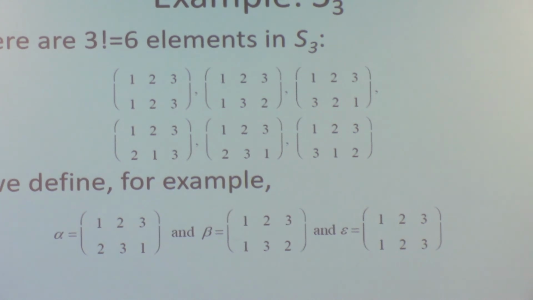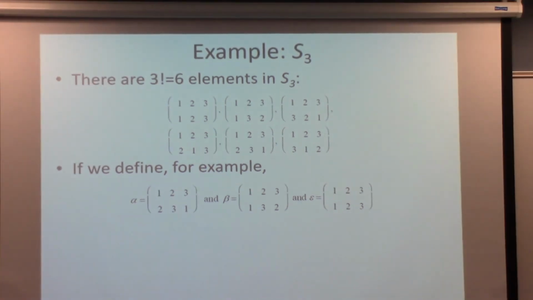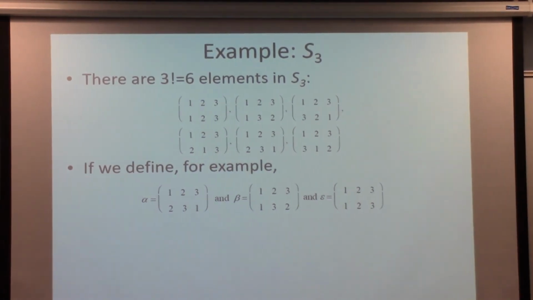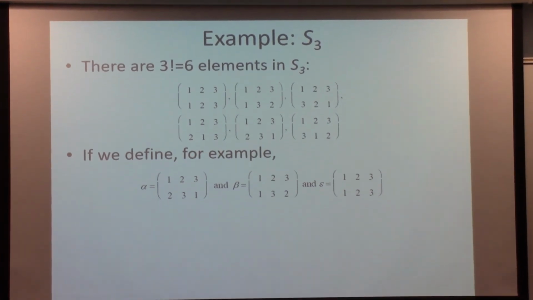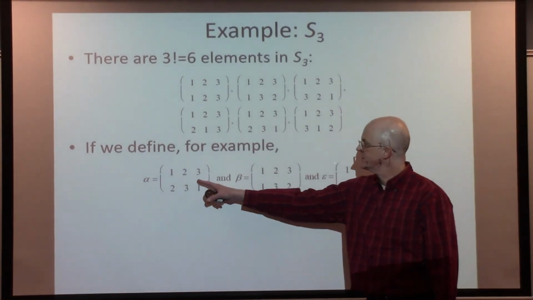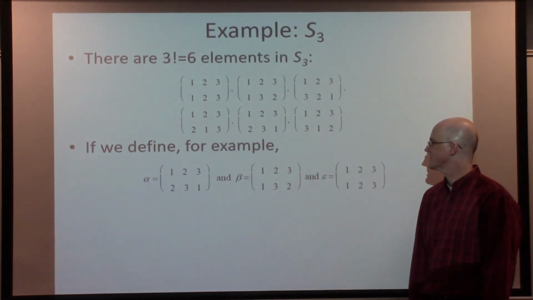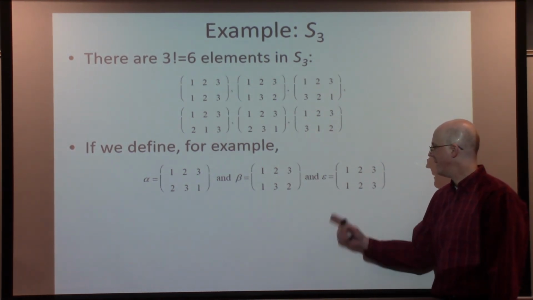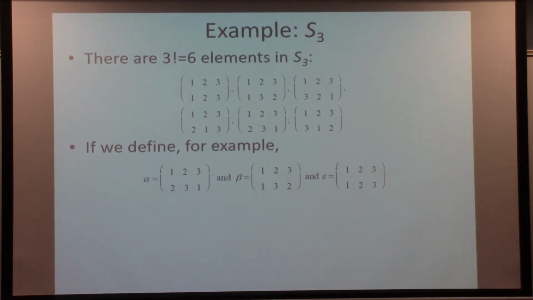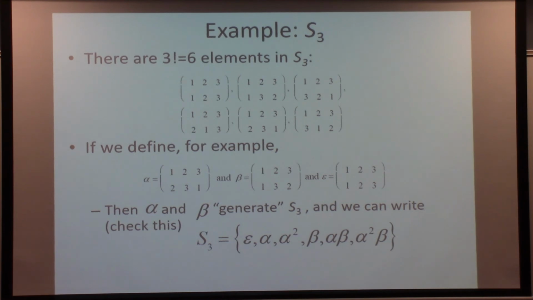Turns out, and you'll read about this if you haven't yet, that if you set alpha to be this permutation that cycles from 1 to 2, then 2 to 3, then 3 to 1, and beta this one that transposes 2 and 3, and epsilon to be the identity, you can write all the elements of this group in this way.